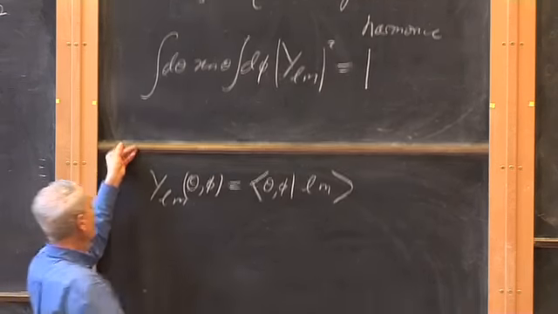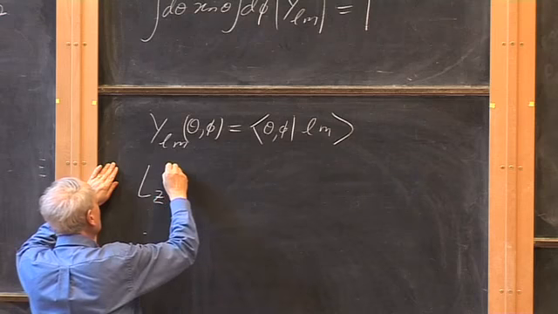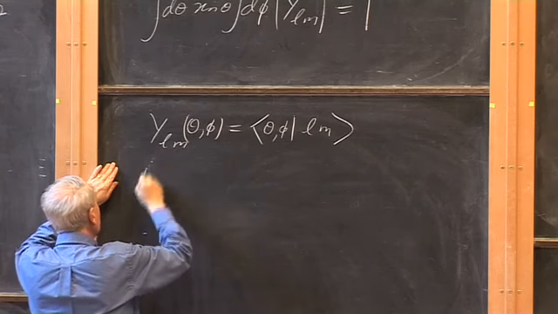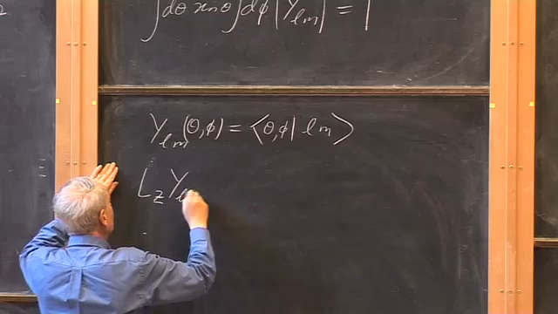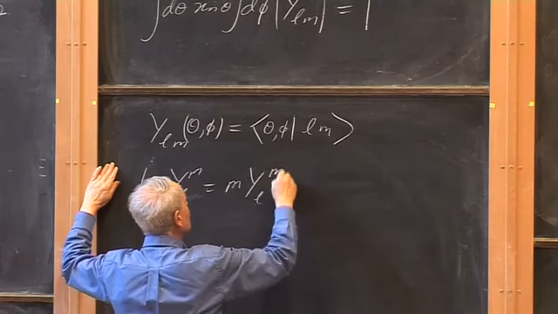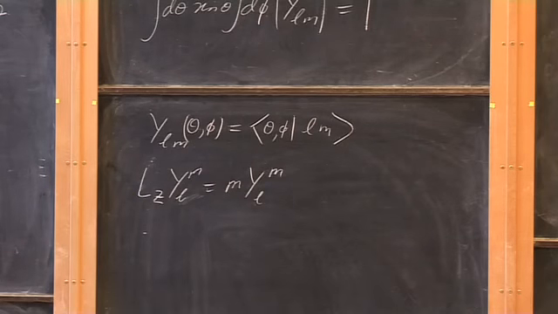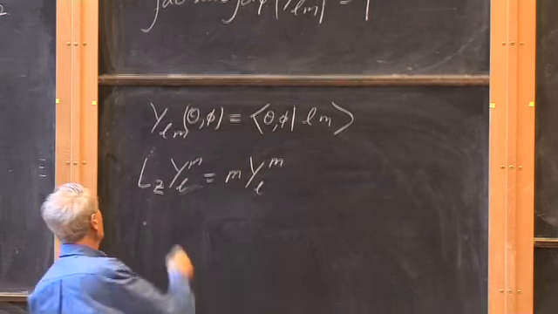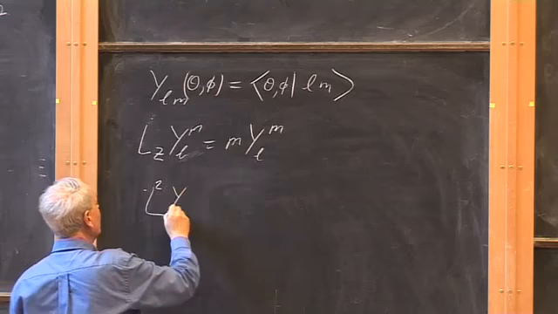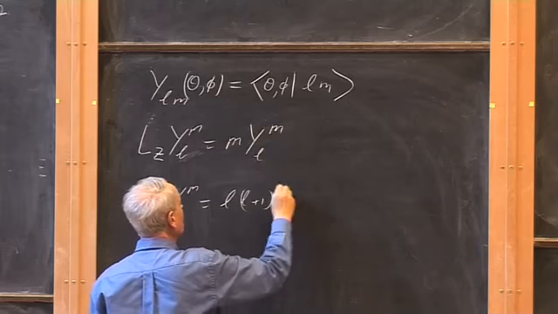That is to say, if in the position representation you apply LZ to YLM, you get m times YLM, which is a trivial result because this thing goes like e to the I m phi. And if you apply L squared to YLM, you get L times L plus 1 times YLM.